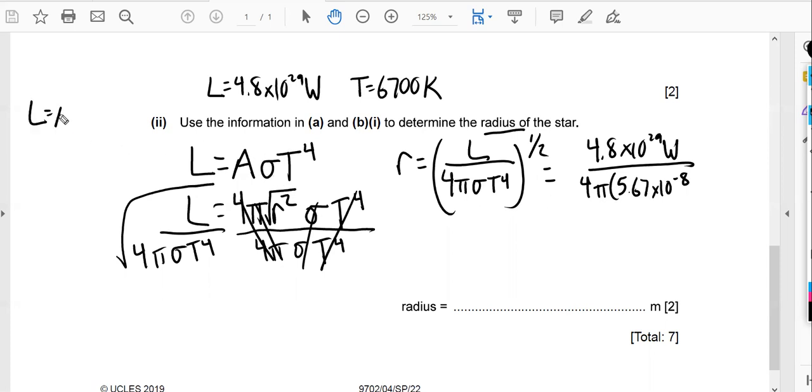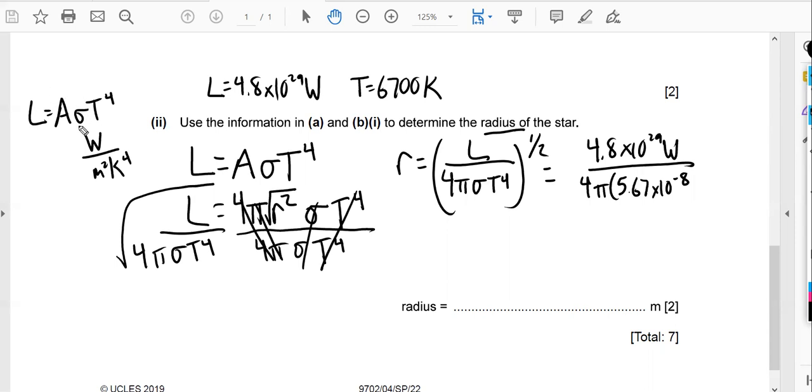So L equals A sigma T to the fourth. So its units are such that watts have to equal watts, and so luminosity in watts. And so we need watts in its numerator, but then we've got to get rid of the area, so per square meter, and we've got to get rid of the Kelvin to the fourth. And so these are the units of sigma that keep this equation homogeneous.